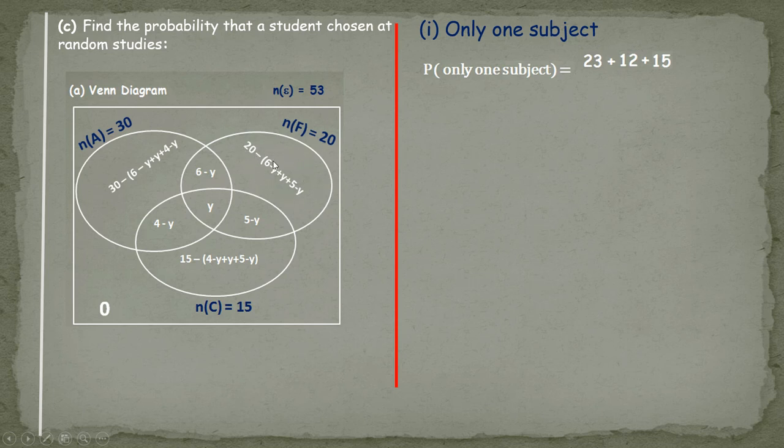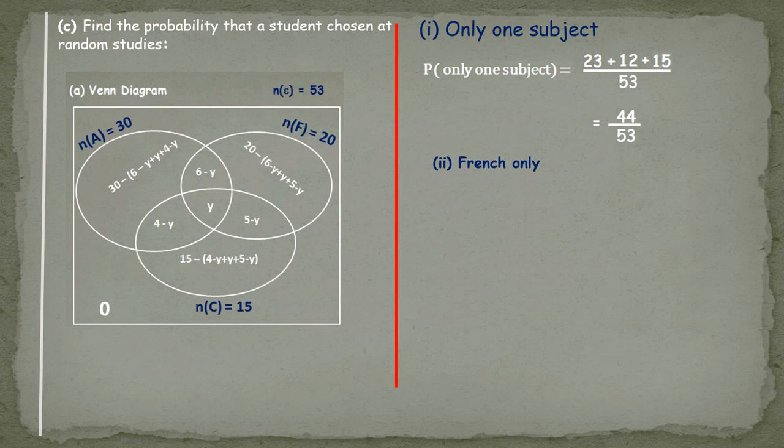So substitute y here, substitute y here, substitute y here. Then divide by the number in the universal, which is 53. Once we take that, we shall end up with 44 out of 53.